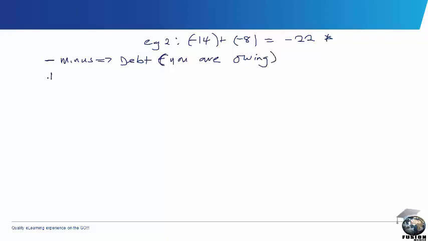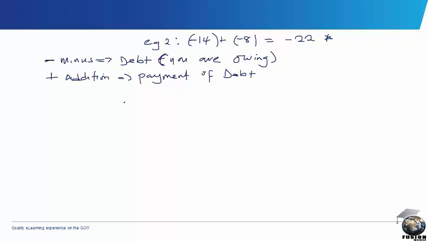And then use the addition sign to denote payment of debt. You have paid what you are owing. If we see these two symbols in this light, it will make computations very easy for us.